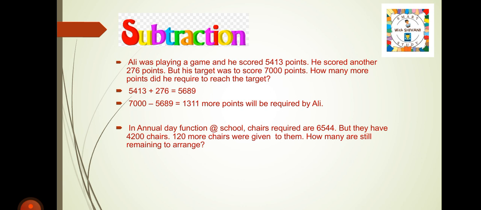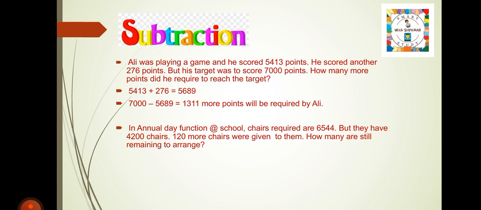One more example. In annual day function at school, total chairs required are 6544. But they have 4200 chairs. 120 more chairs were given to them. How many are still remaining to arrange? Over here the key words are more and remaining. More means you have to do addition.